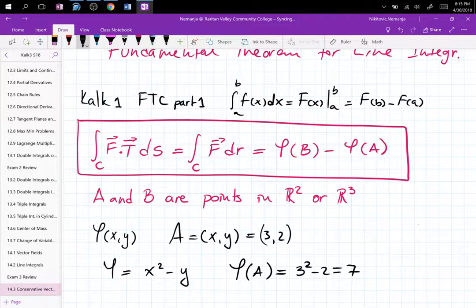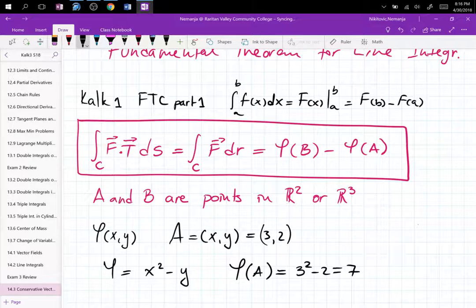So instead of parametrizing and going through a whole page calculation, in the potential function you will plug in 5, 5, and you will plug in 0, 0, and you will subtract those two numbers at the end, and that's it. So there will be no line integral calculation. That's the idea of the fundamental theorem.